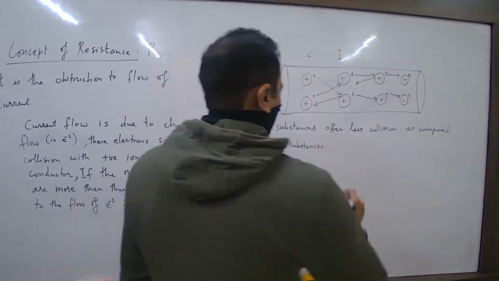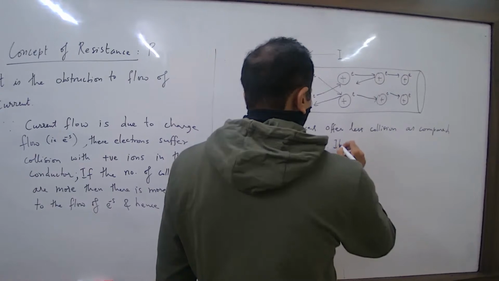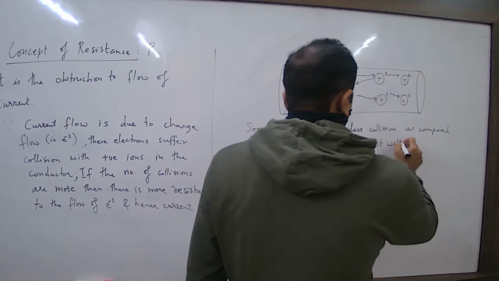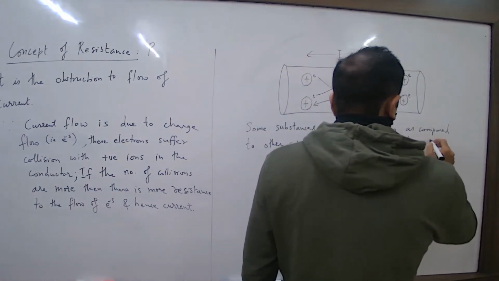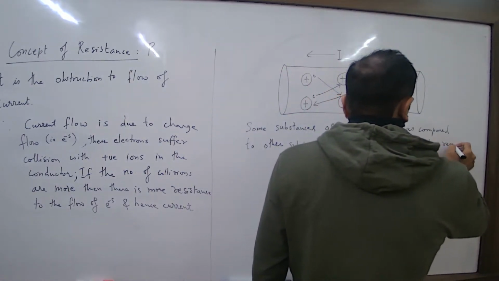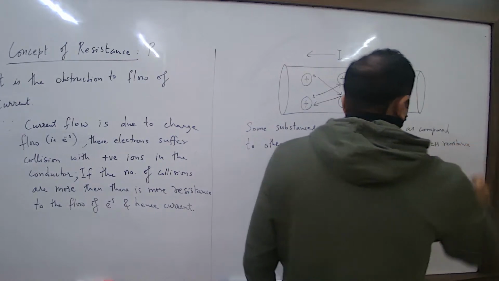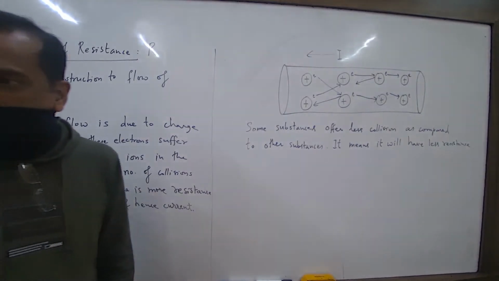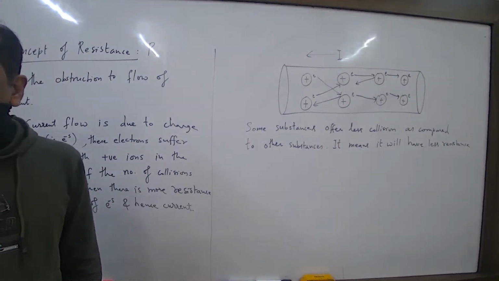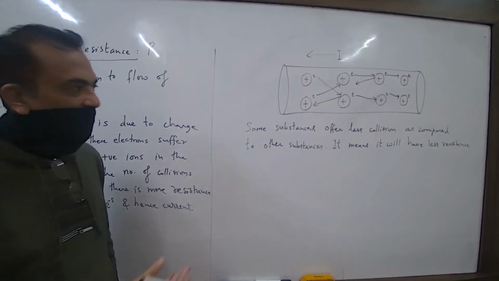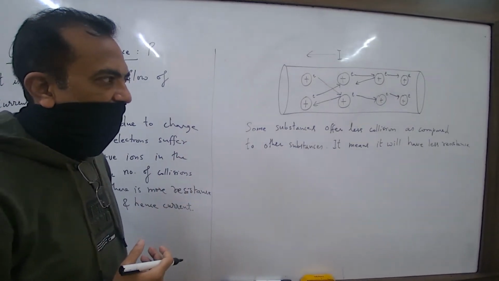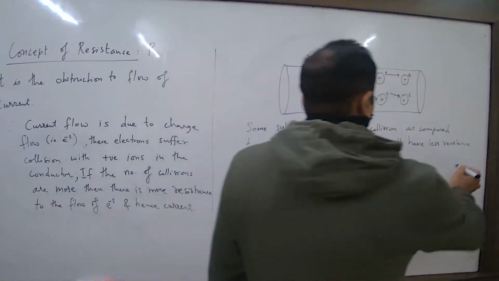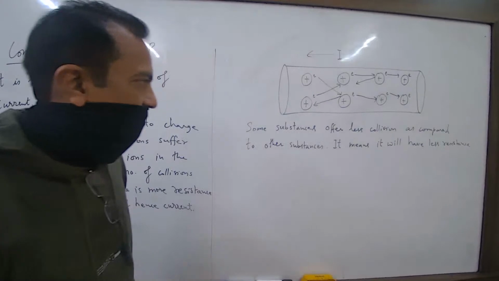It means it will have less resistance. So if the resistance is less, then the current flow will be better. Resistance basically obstructs flow of charge and hence current. Right? So it depends on different substances.